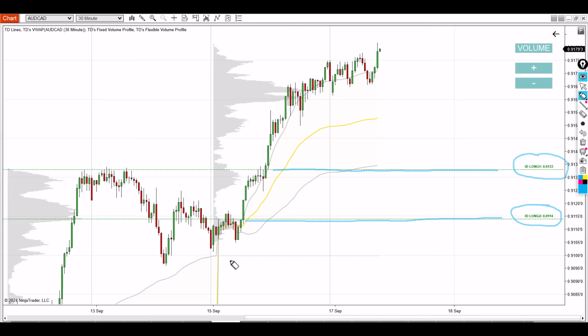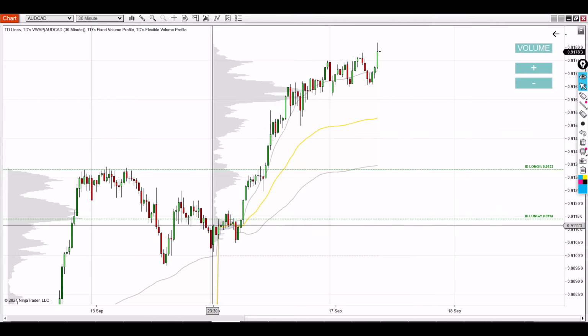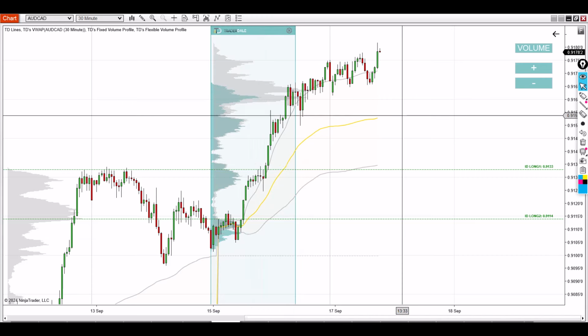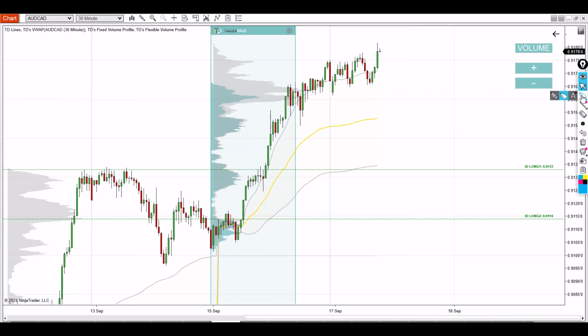When there's a strong trend like this, you want to use the flexible volume profile over that trend area to look for significant volume zones to trade from. In this uptrend zone, there were 3 significant volume zones, and the first one has already been tested because those volumes were traded in here.